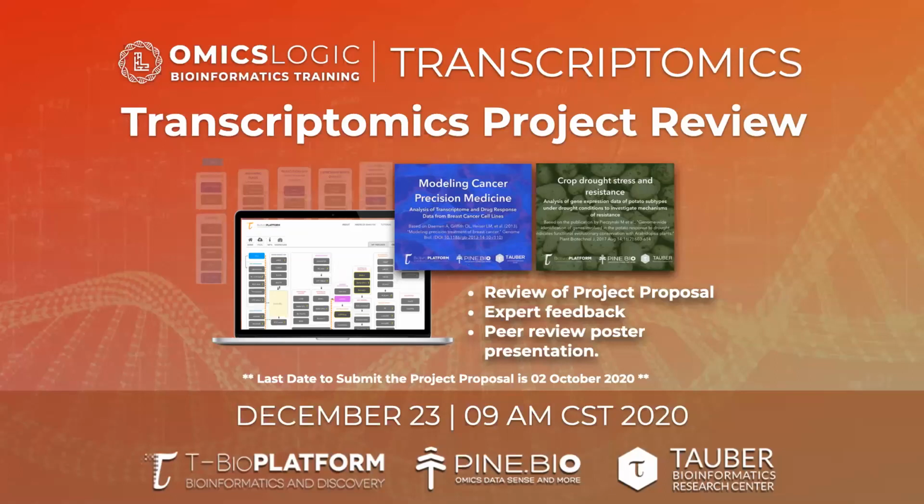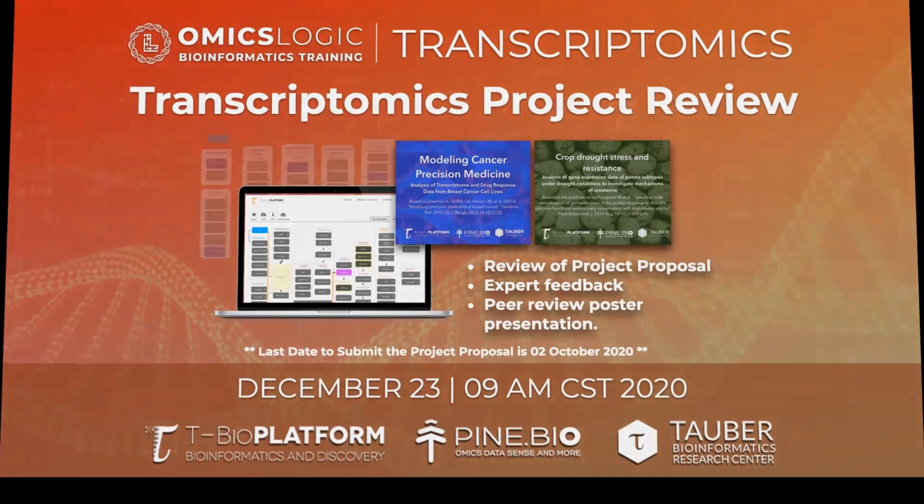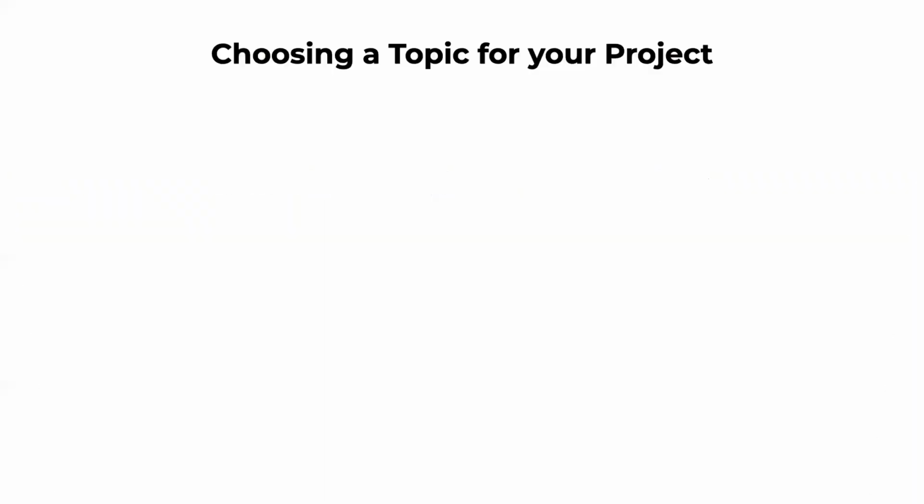How do we find a data set and maybe a reference publication and define exactly what my project might be, so that I can determine the most appropriate analysis approach for the data that I have selected, for the environmental or experimental conditions that I'm studying, and how do I go from exploratory data analysis to a contrast that I identify, and then I have this comparison established and I can find some meaningful signal. So let's talk about choosing a topic for your project.